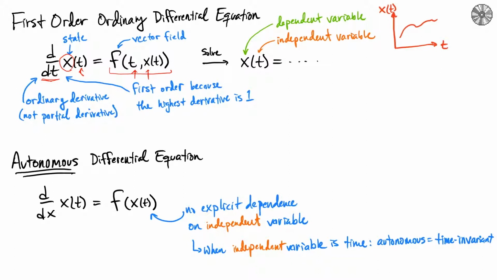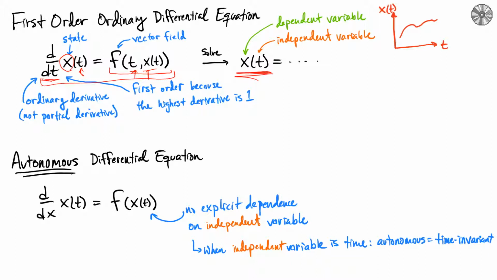The goal here is to convert from this general rule about how the state changes in terms of both time and the current state, and turn that into a trajectory, which is just the state as a function of time, and that's the solution.